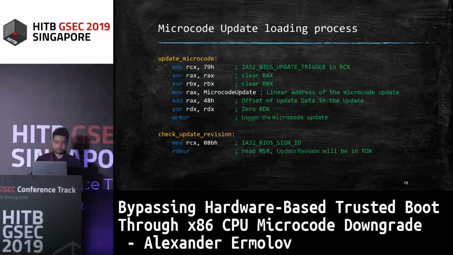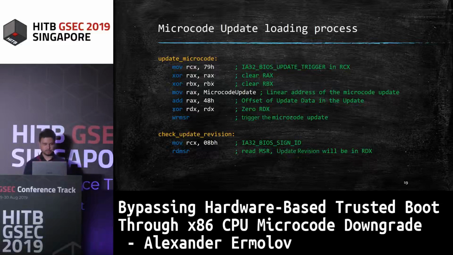So the loading process looks like this. It could be implemented via MSRs. There is an MSR to trigger the update process. You just need to point to the linear address of the update and trigger the update itself.